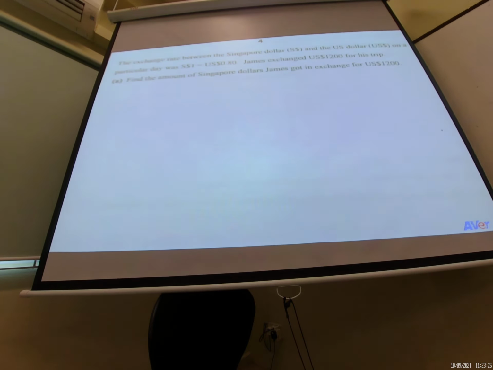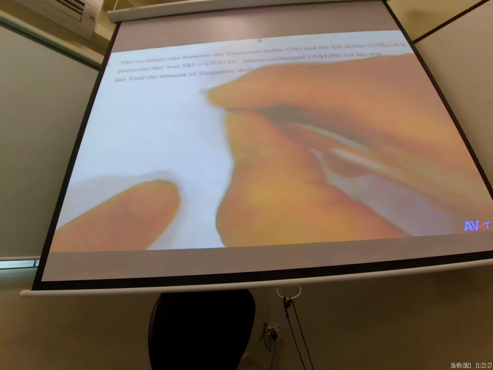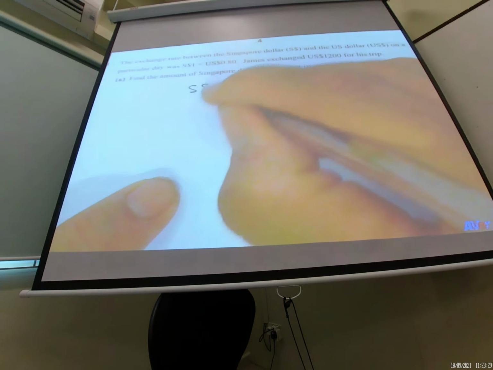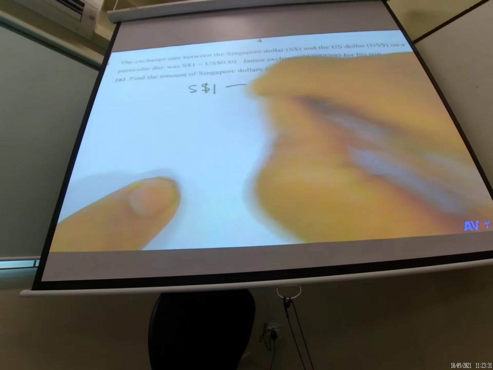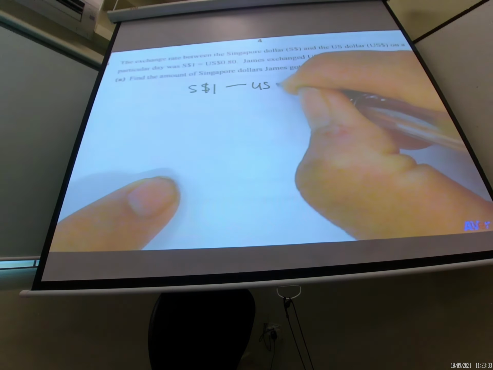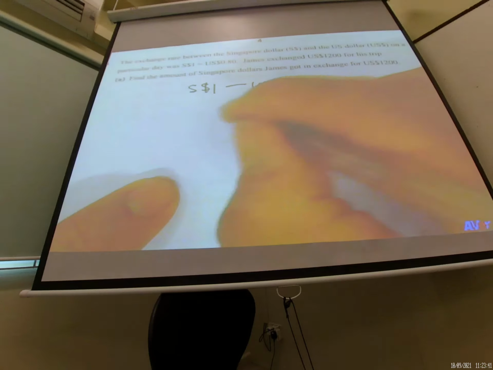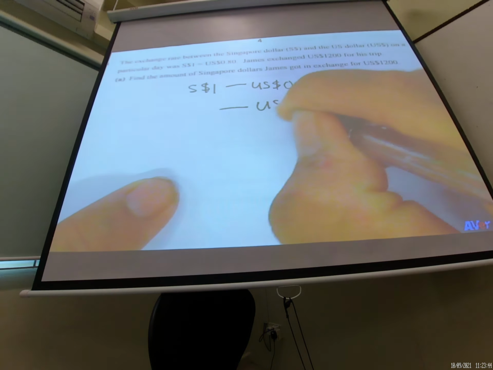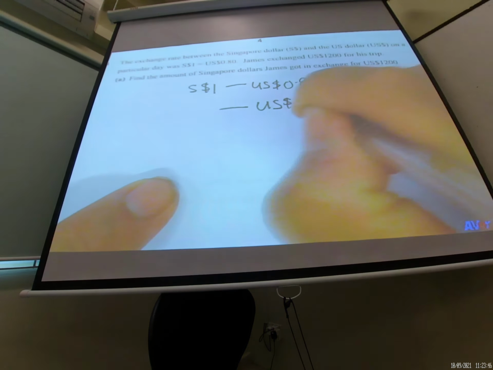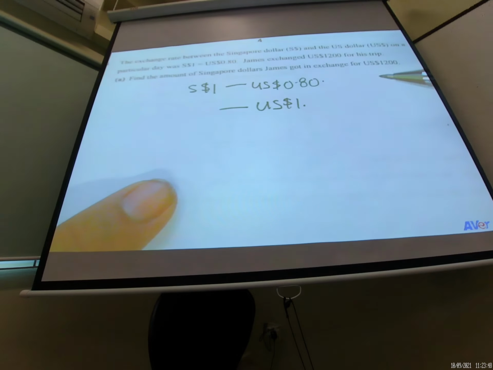Okay. Every 1 Sing dollar can change US 80 cents. Meaning, how much Singapore dollar can each US dollar change.